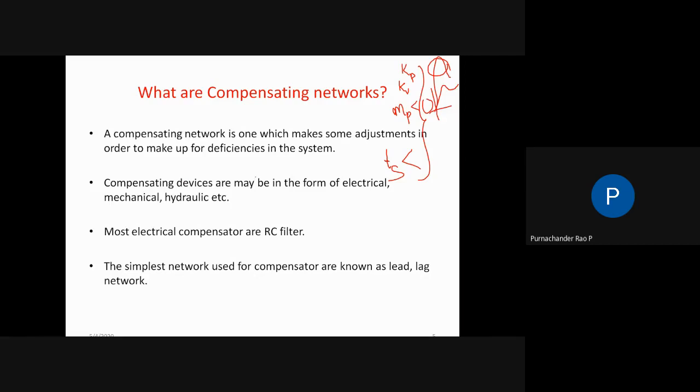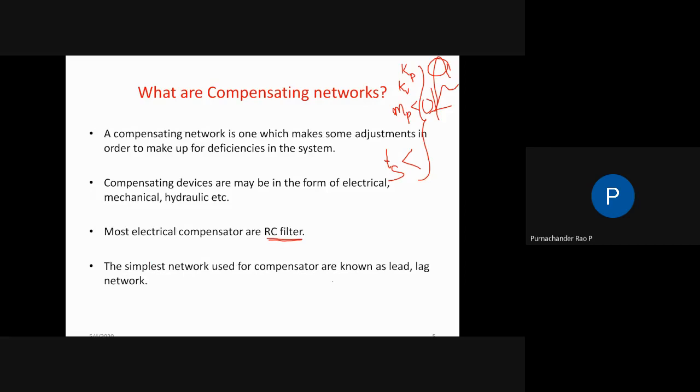And the compensating devices may be in the form of electrical, mechanical, electronic or hydraulic; also op-amps can be used. Now the most common electrical components are RC filters. So RC circuits can be called compensating networks.